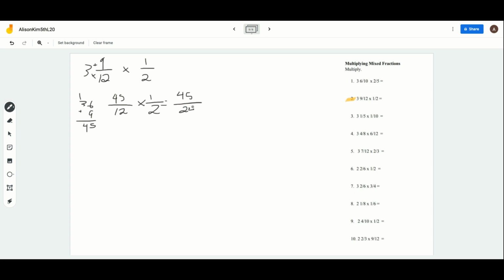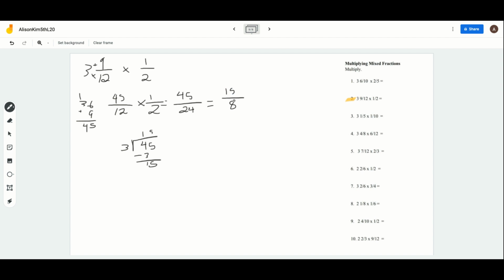And we need to see if this can be simplified any further. And it can, I'm pretty sure by 3, if I'm right. Let's try 45 divided by 3. That gives us 15. We can also divide 24 by 3, and it gives us 8. So 15 over 8.